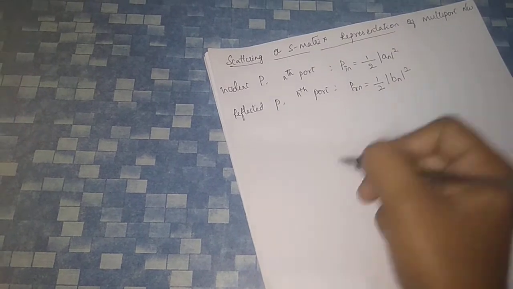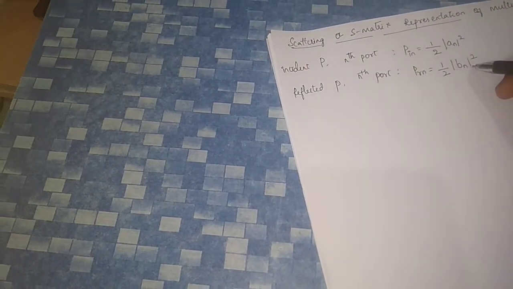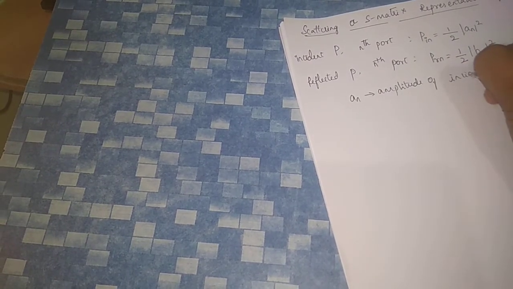This is reflected for the nth port, half into Bn whole square. An is the amplitude of the incident wave, and Bn represents the amplitude of the reflected wave; this we have seen in the previous class.